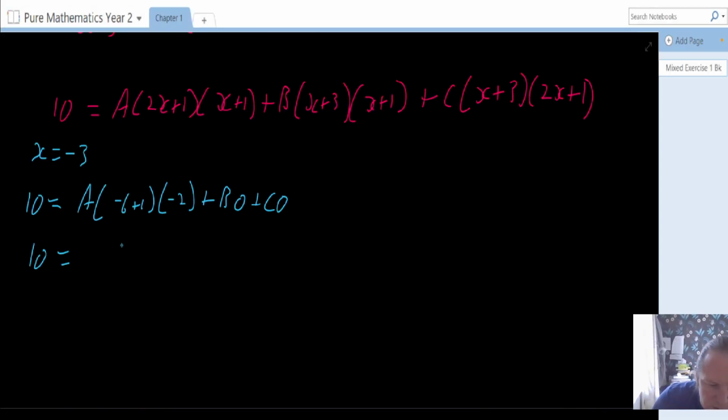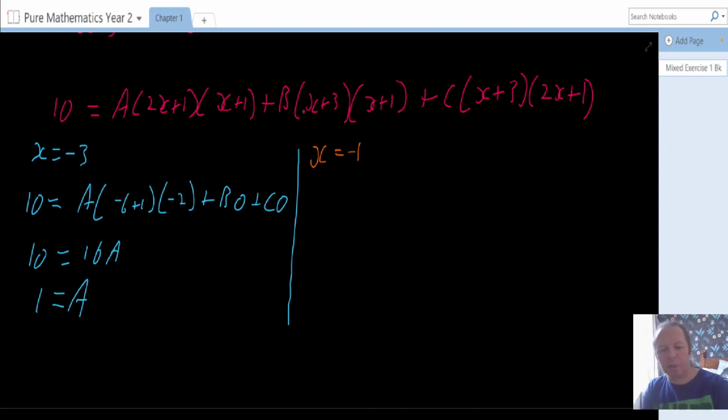So 10 is equal to, what's that? That's minus 5, that's plus 10, 10a, so 1 equals a. Alright, that's that one done. Now let's have a look at x equals minus 1. That will make the x plus 1 into a 0 for us.